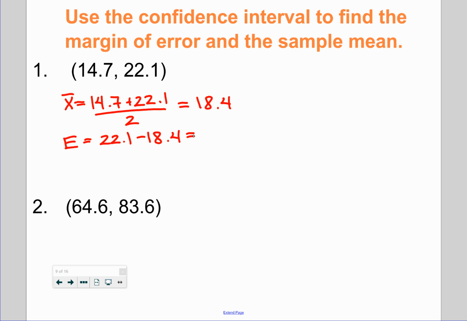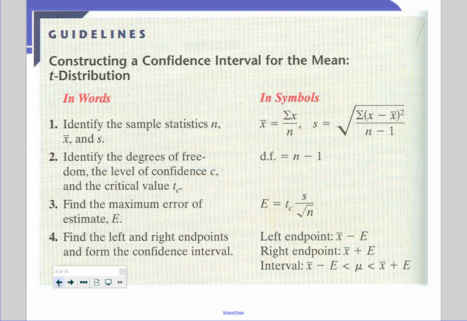You should get a margin of error of 3.7 on that one. Do you remember doing that with the z-scores? Finding the middle, finding the difference. So same if we've got a t distribution, nothing different there. All right, so now we are going to create that confidence interval. These steps are pretty much the same as what we did back in the last section.